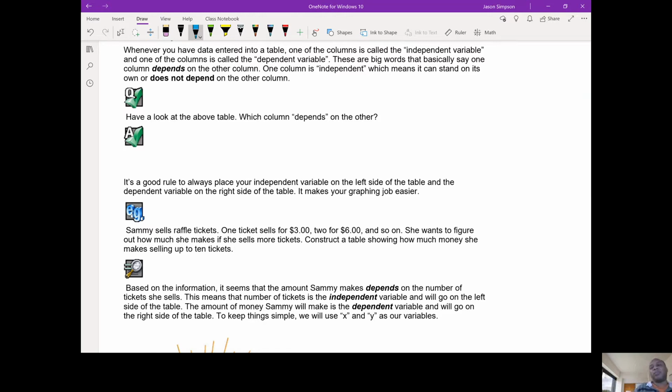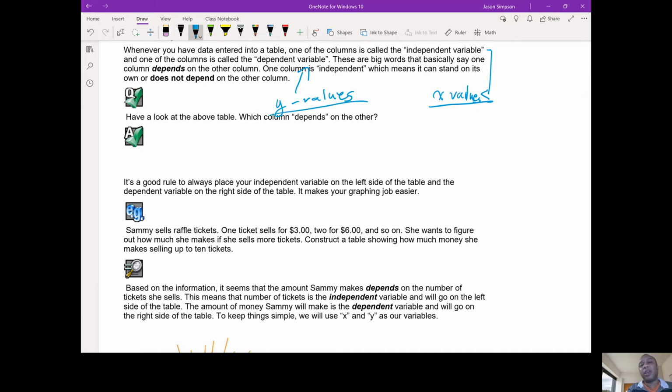And one is called dependent, right? Now, the independent variable, we're going to remember that this is our x values. And then the dependent variable is the y values.